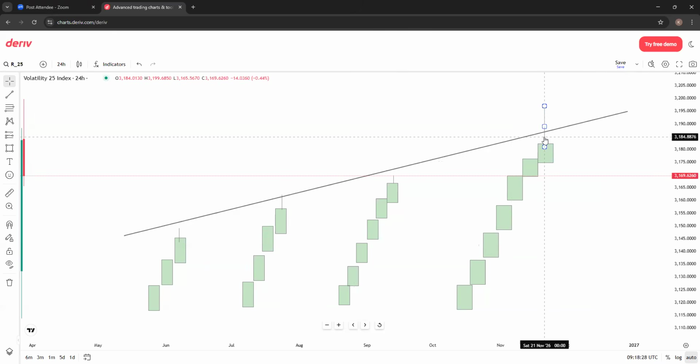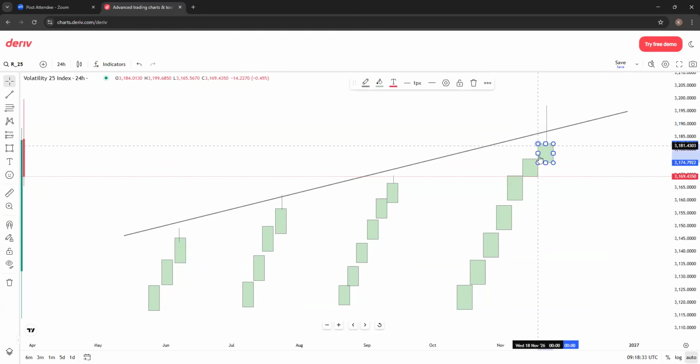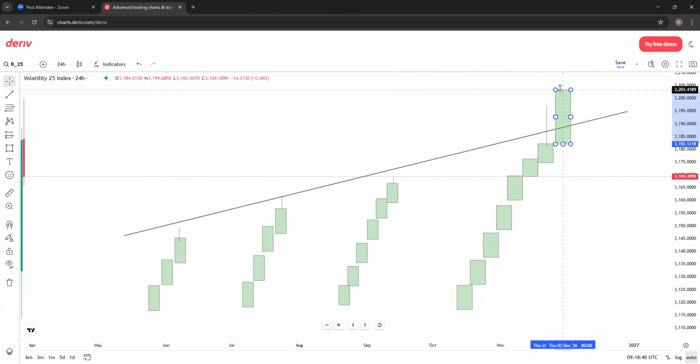But now, to fix this issue, I started realizing that if I entered after a full body break, right? Since this is a rejection, what you would see is this color mostly would be red.